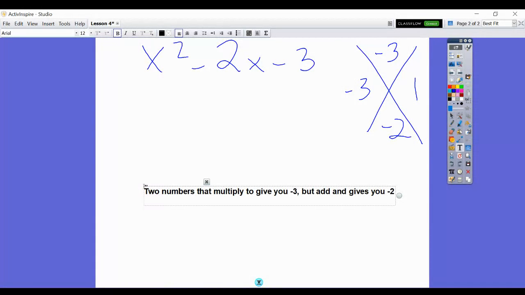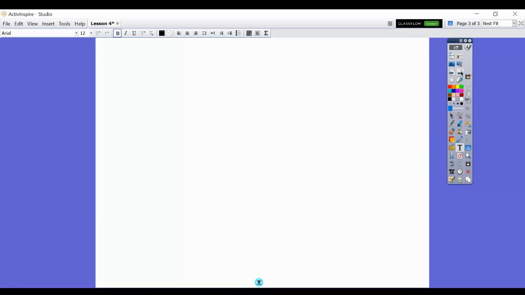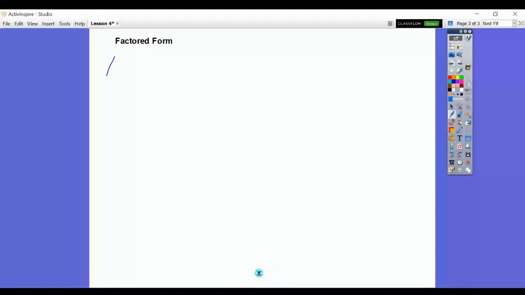So once I have those two numbers, I'm going to put those into factored form. So next slide, factored form, because that's important. My two numbers were -3 and +1. So I'm going to put x minus 3 in parentheses and x plus 1.